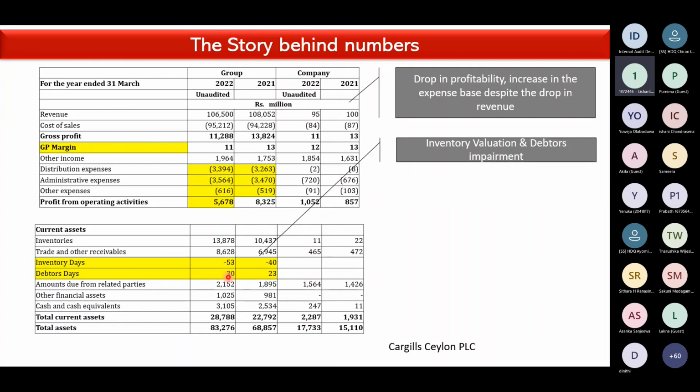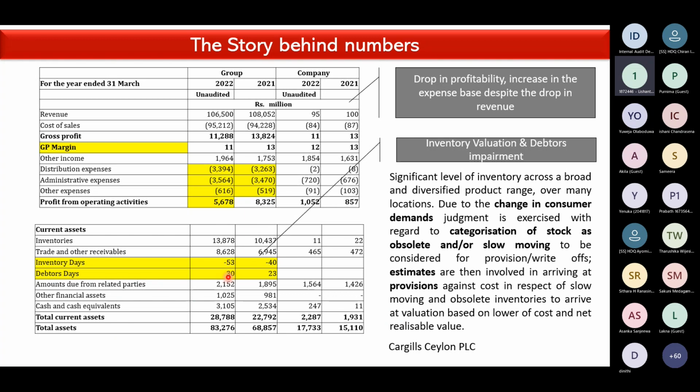The obvious answer, you will say slow moving inventory, but how do you explain that in a business like this? See this explanation. This is the type of answer you may write in the exam for risk of misstatement. Don't just say the inventory period has increased, therefore there can be obsolete stock, but explain it in a little detail in the context of the case study.